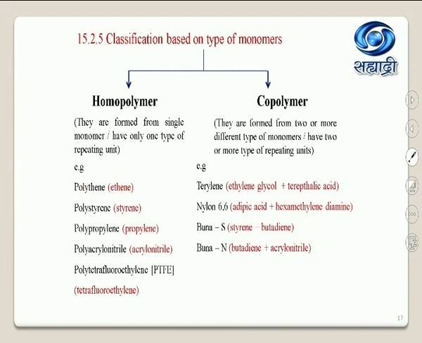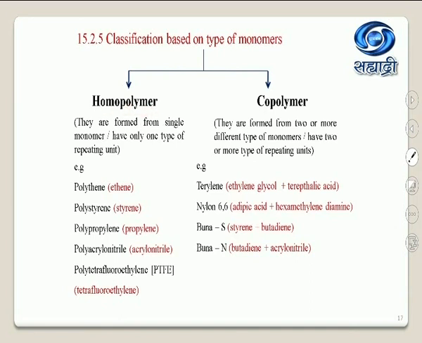First, polythene, which is obtained from ethene, polystyrene, which is obtained from styrene, polypropylene, which is obtained from propylene, polyacrylonitrile, that is obtained from acrylonitrile, which is also known as vinyl cyanide, and polytetrafluoroethylene PTFE, which is obtained from a single monomer, that is tetrafluoroethylene, which is a fluorine derivative of ethylene. So in this way, these are the homopolymers.